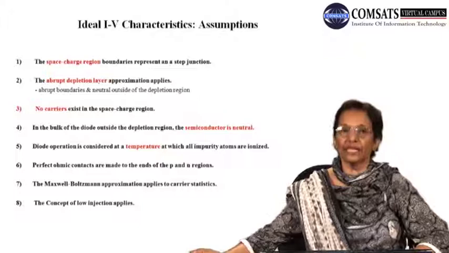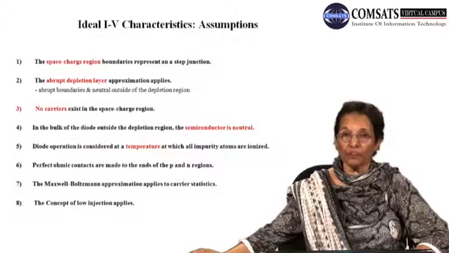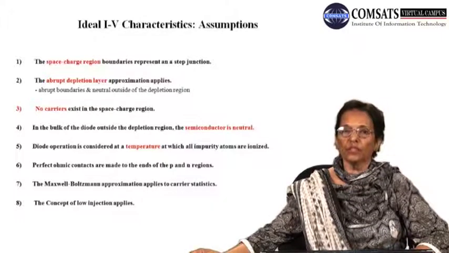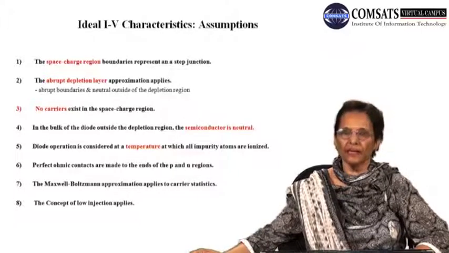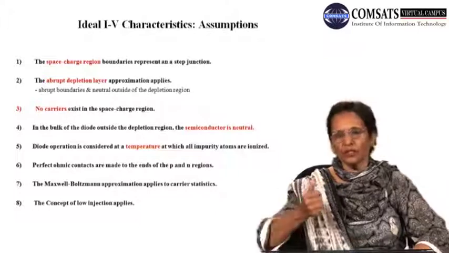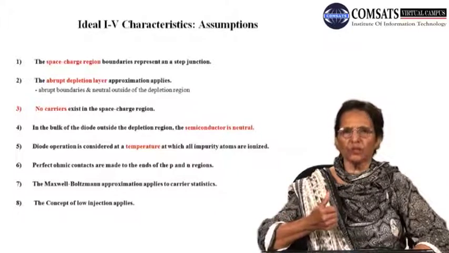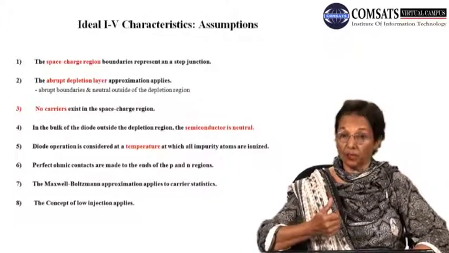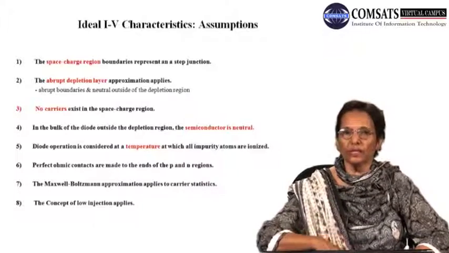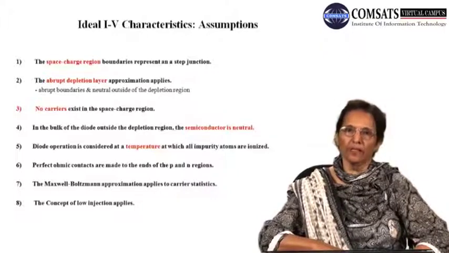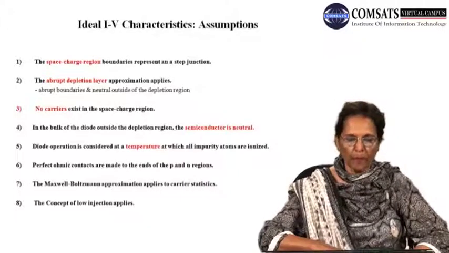Hence, the junction is characterized as an abrupt junction, or in terms of the charge density distribution of the ionized impurities, as a step junction. This is one of the fundamental assumptions that we have made in order to calculate the current and voltage relationship in an idealized PN junction.